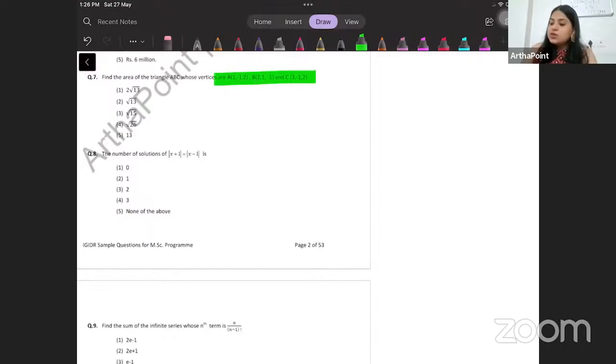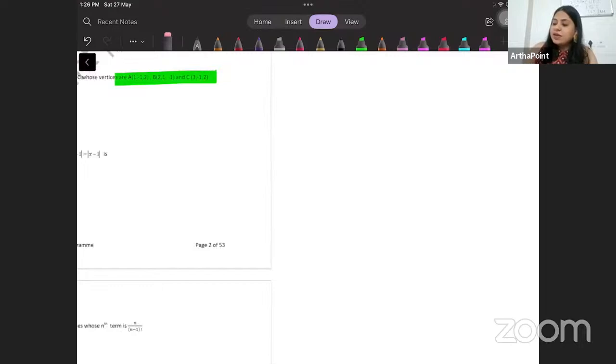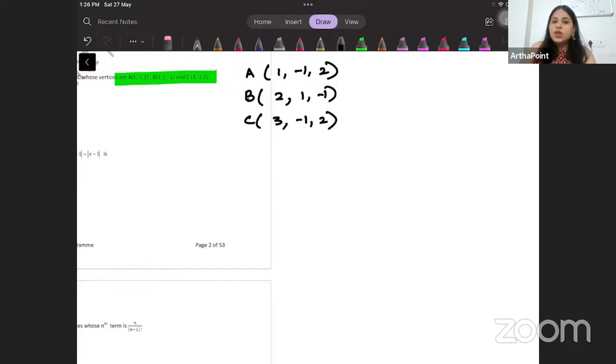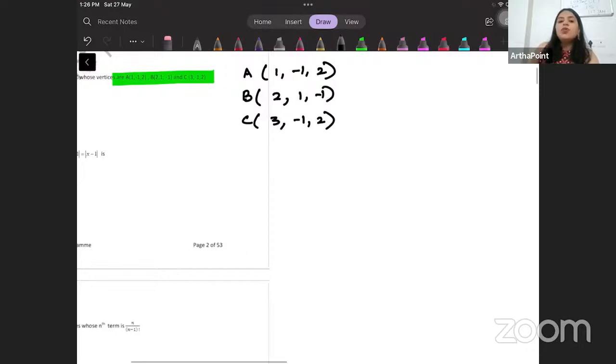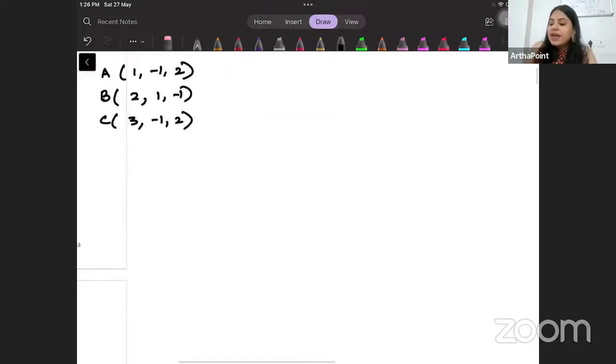So let us say that A has coordinates 1, minus 1, and 2. B is 2, 1, and minus 1. C is 3, minus 1, and 2. Now you will write AB as a vector.